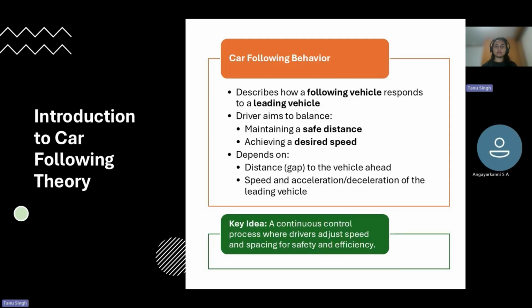So overall, the car following theory is a continuous control process where the driver adjusts speed and spacing for safety and efficiency. So here there are basically two things: firstly, maintain a safe distance, and second, achieve a desired speed depending upon whatever the leading vehicle is doing.